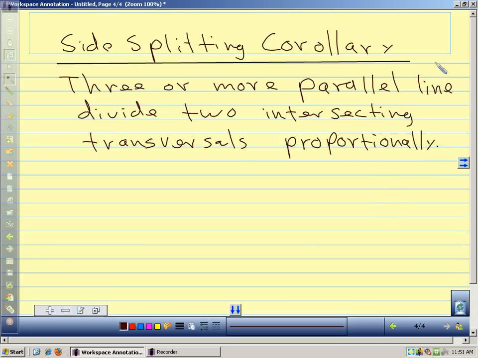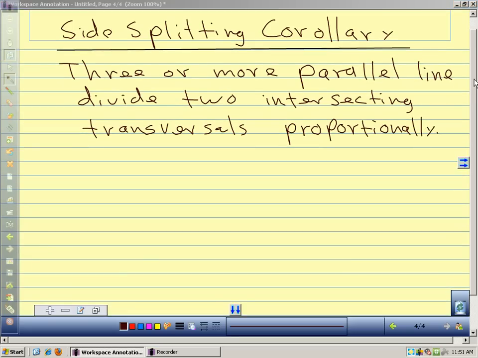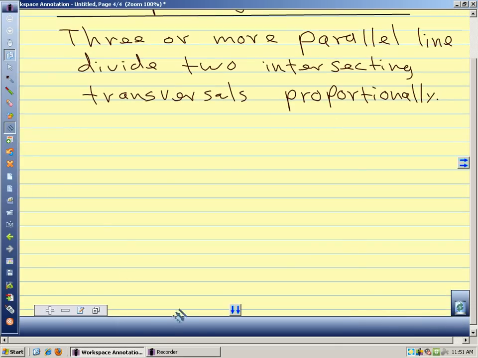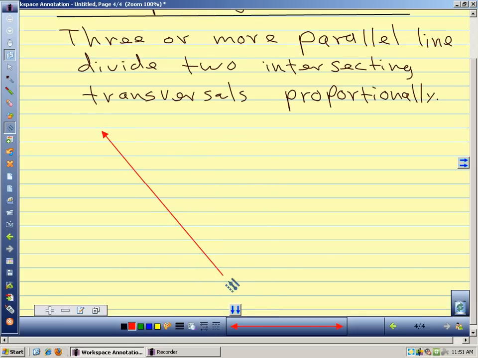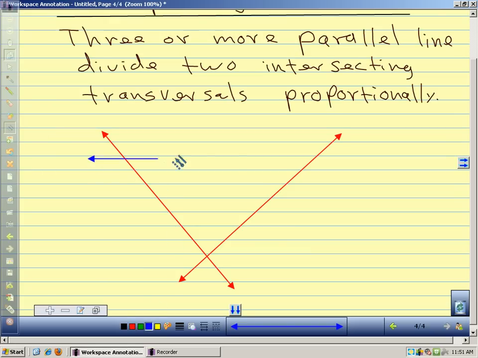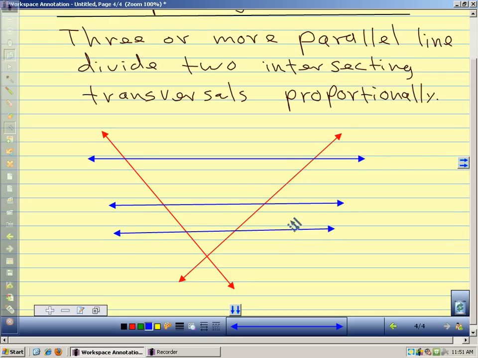So let's draw our picture to see what this is telling us about. And I'm going to make my transversals red. So there are my intersecting transversals. And here are my 3 parallel lines. So I'll make my arrows here, so that way we know for sure they're parallel.